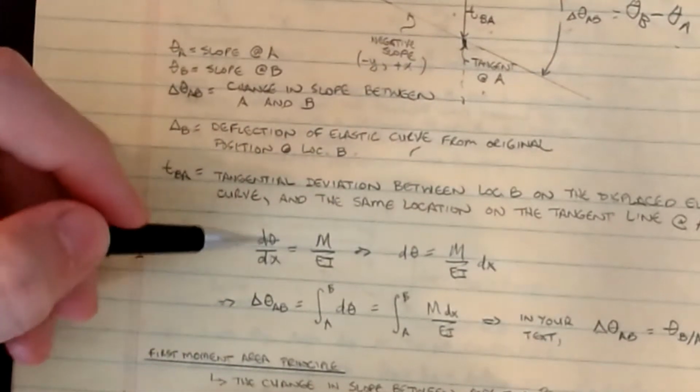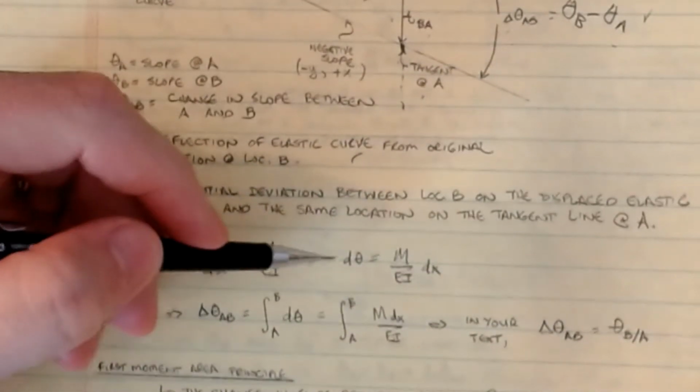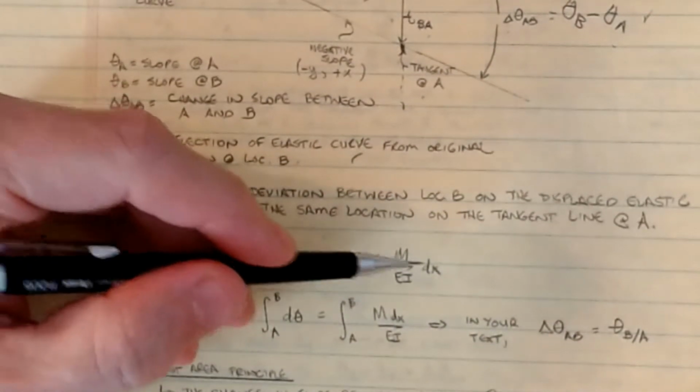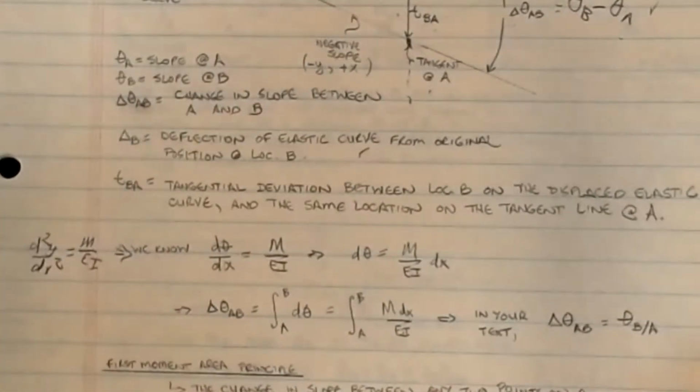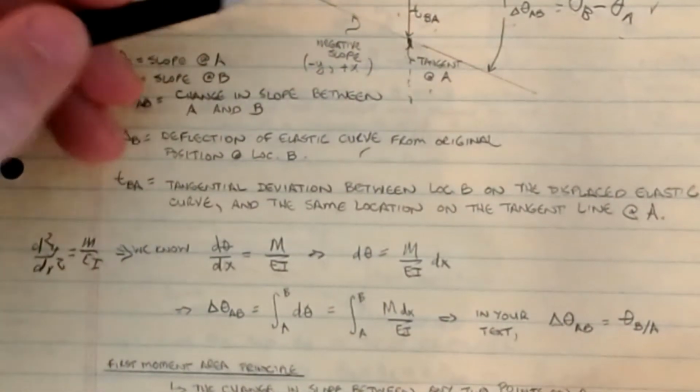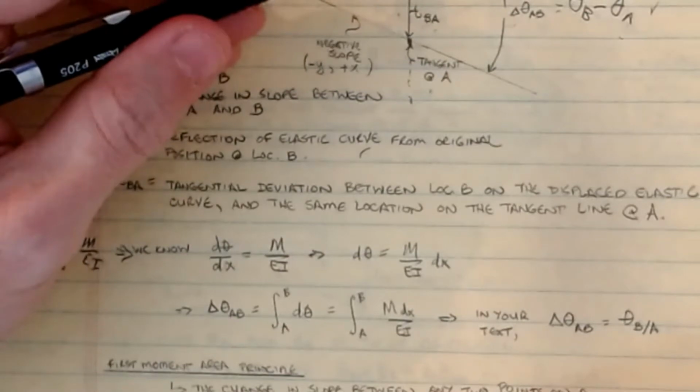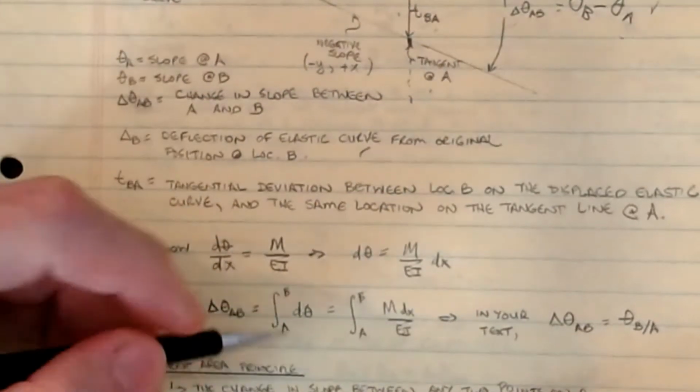So if I take this equation and rearrange it a little bit, I can say that d theta is equal to M over EI dx. Then all I have to do is, for the change in this angle, integrate between point B and point A along this.